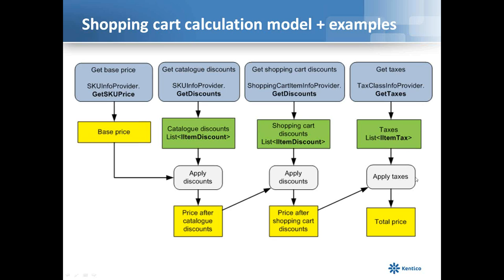It's pretty simple to obtain your own taxes for each product, either from a service or based on your own logic. So this is the place where you should put your custom code to receive custom taxes. So once the discounts and taxes are applied, we have a total price for one shopping cart item, meaning for one product in your shopping cart.